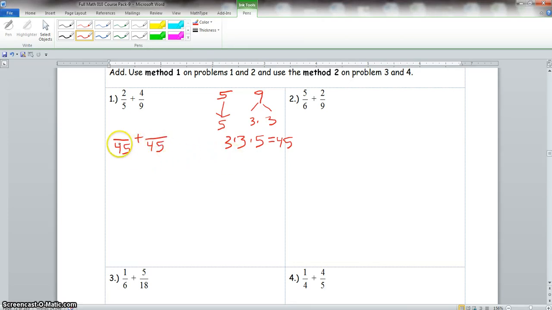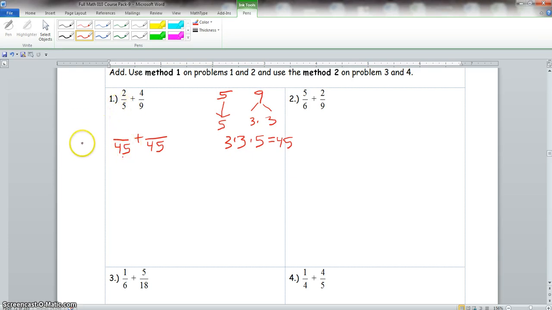Okay, now since we have our new common denominator, we also must find our new numerators, and this is how we do it. I want you to pay close attention to this. This will be your first new fraction, so you go back to your first original fraction. Now you would take the new denominator divided by the old denominator.